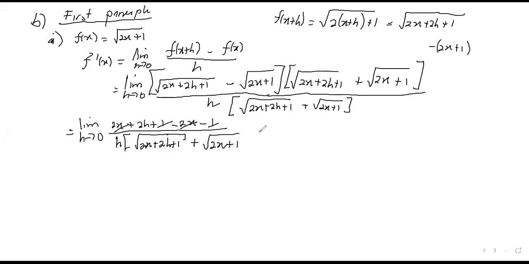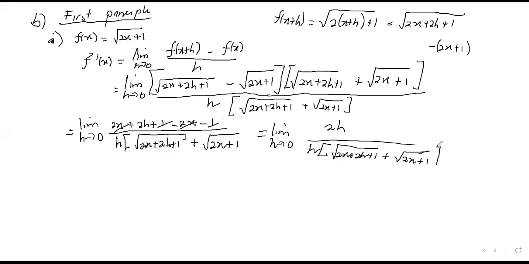So these would subtract. Now we have the limit as h goes to 0 of 2h over h times the root of 2x plus 2h plus 1 plus the root of 2x plus 1. Then we divide this h by that h. After you divide like that, the h, which was a problem, has now gone.